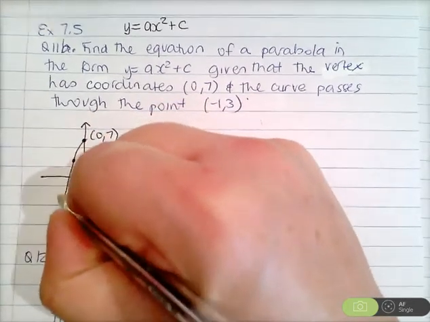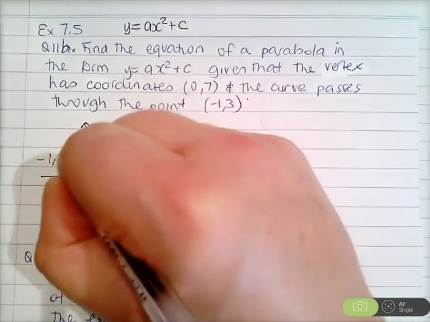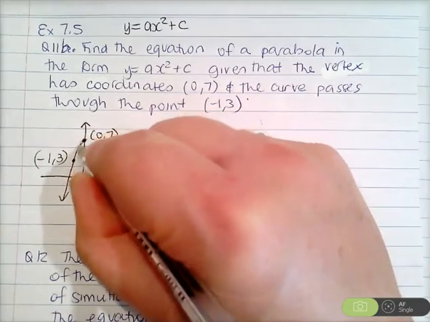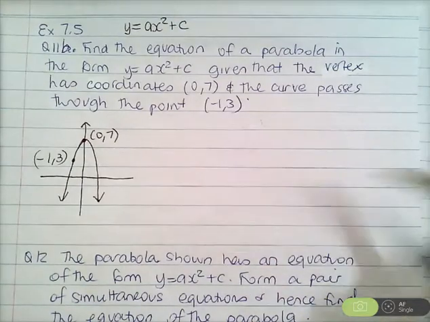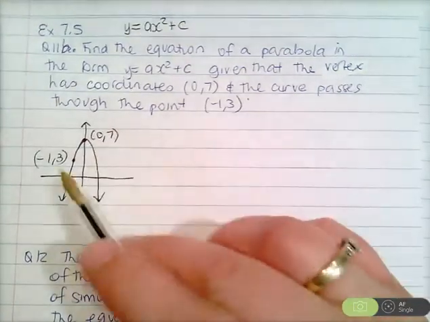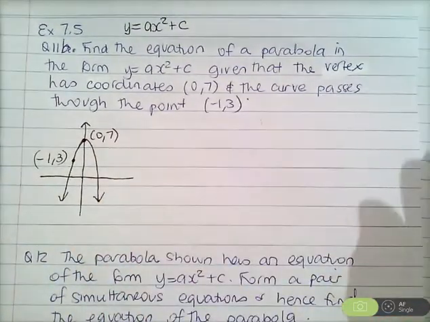If the parabola looks like that and the vertex is the turning point, then my parabola has to be concave down.